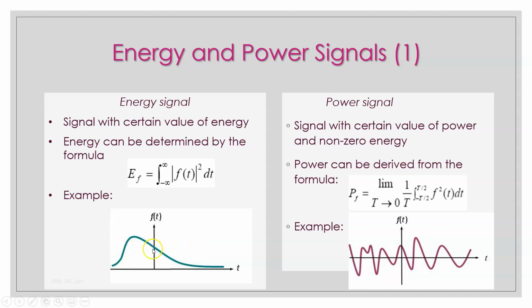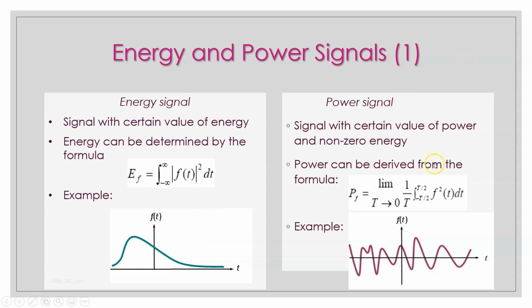So this is what we call energy signal. And energy can be determined by the formula like this. We integrate from negative infinity to infinity the amplitude of the signal, and we square it, we square the f(t), and we can get the energy of the signal. This is the example, the signal with energy.